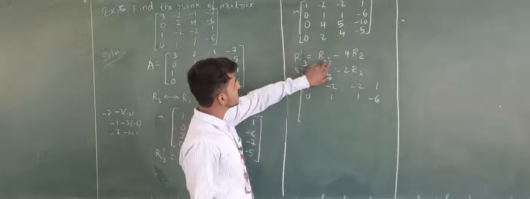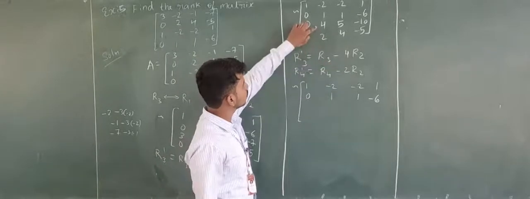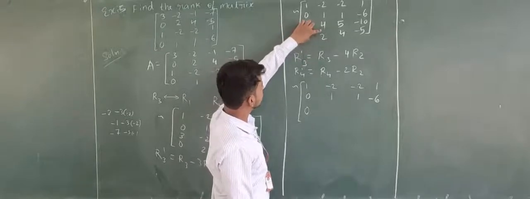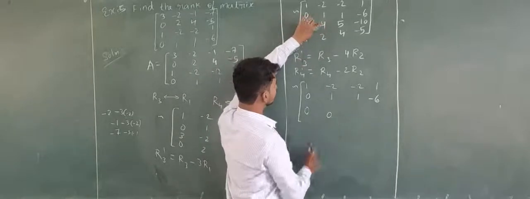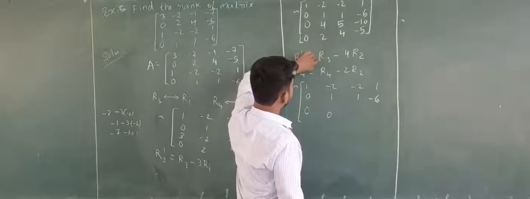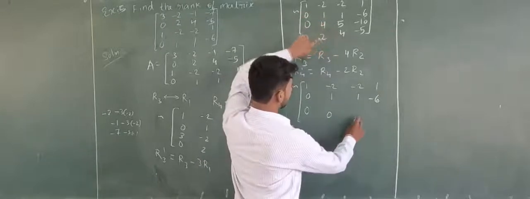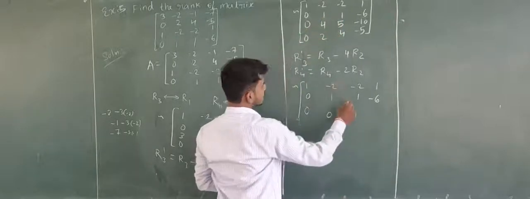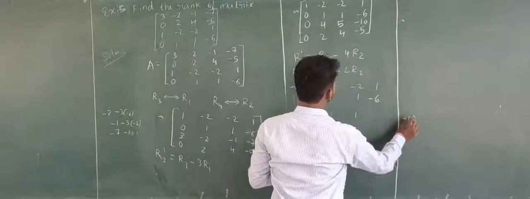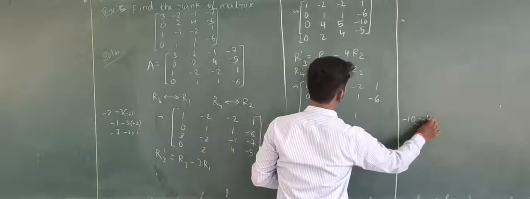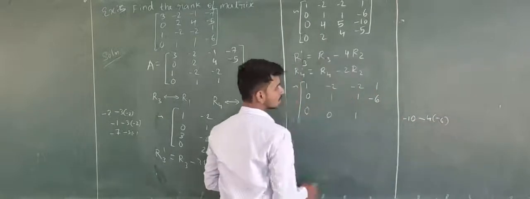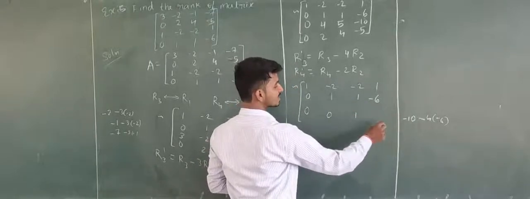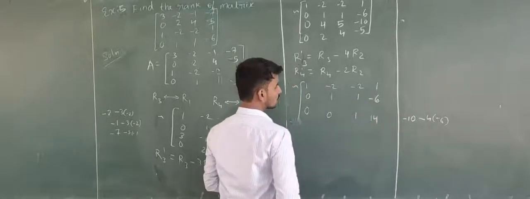Next we are changing R3, R3 minus 4 R2. The first term will be 0, and next 4 minus 4 will be 0. Next 5 minus 4 will be 1. Next, -10 minus 4 into minus 6, that is 4 sixes are 24, plus 24 minus 10 will be plus 14.